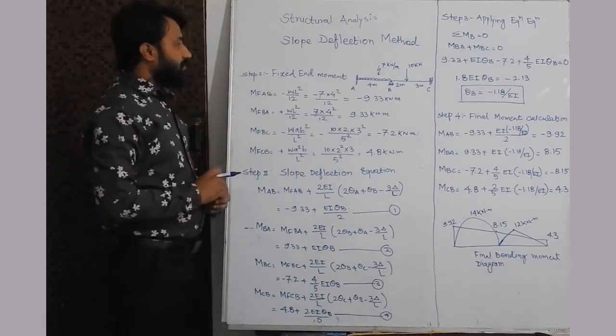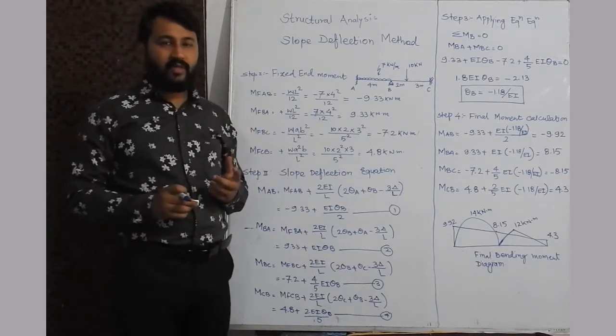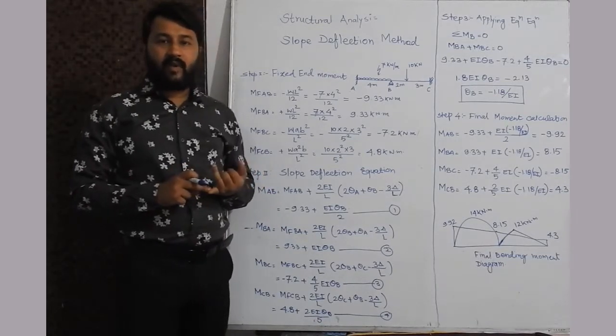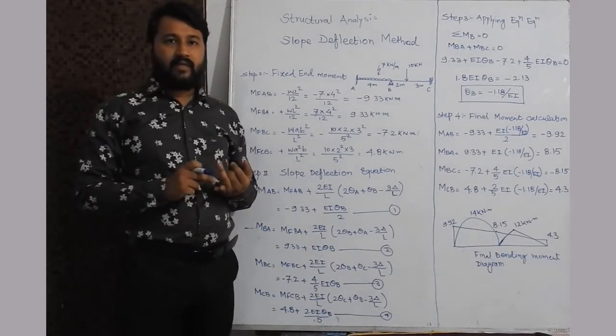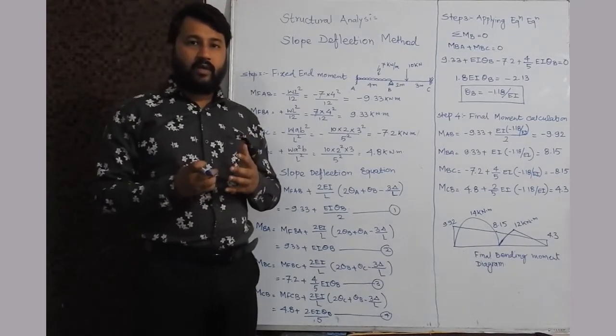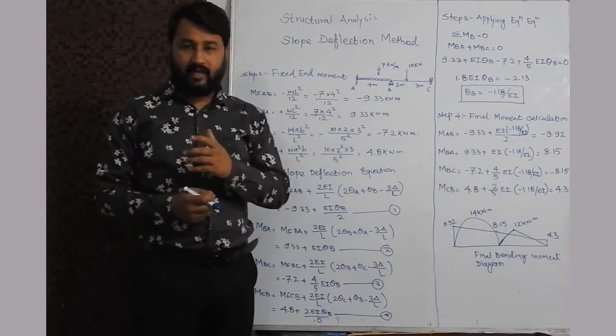As in the previous class we have seen the steps. The very first step is to calculate the fixed moment. The second step is to apply the slope deflection equation, in which the equation is formed in terms of the unknowns, slope and deflection, theta and del.